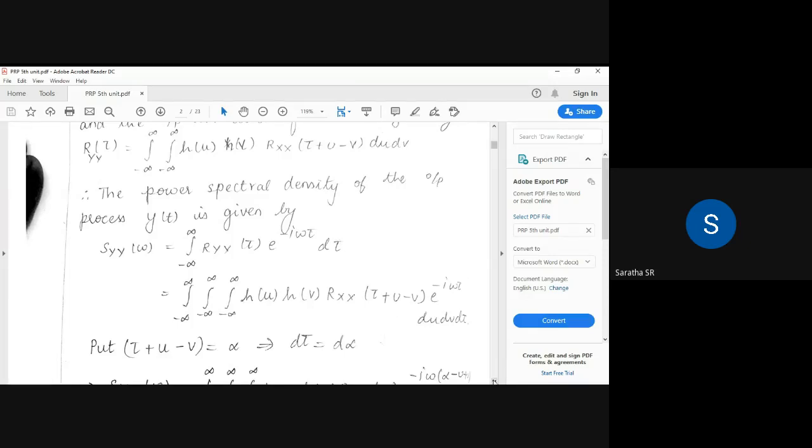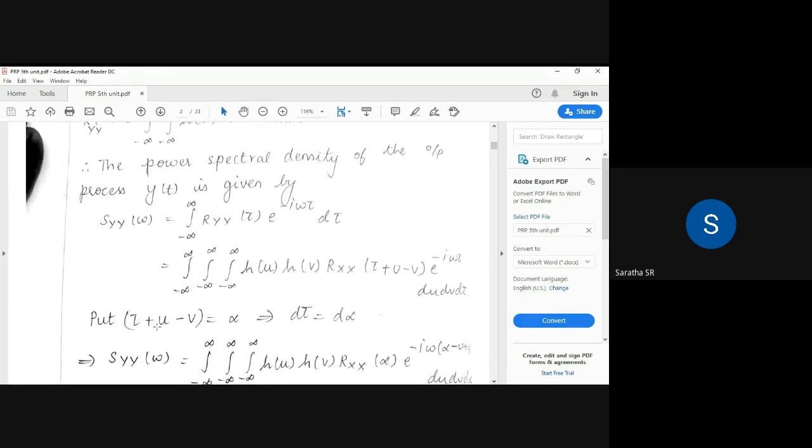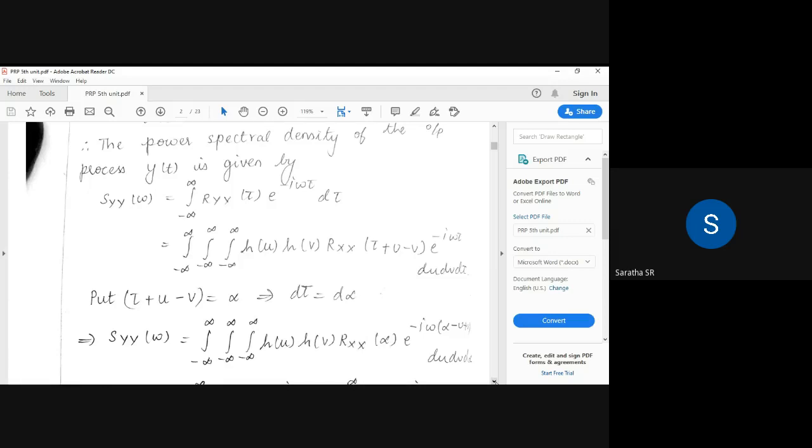Then we assume tau plus u minus v equal to alpha. Differentiating with respect to the time domain variable, d tau equals d alpha, since according to tau differentiation, u and v are constants.